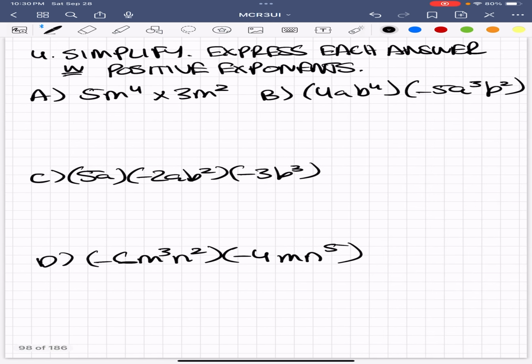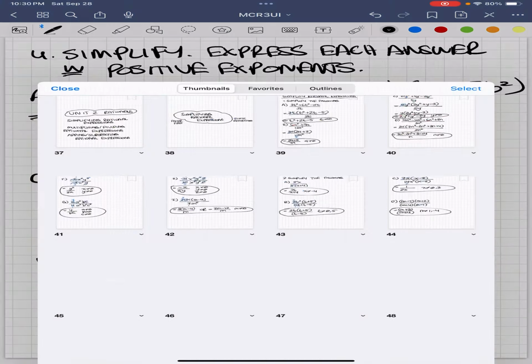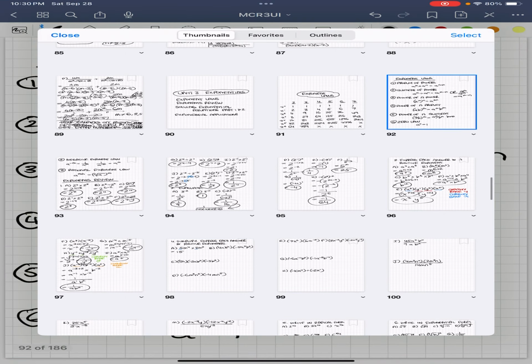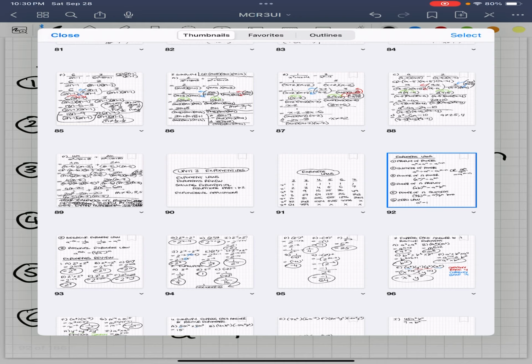Moving on. Simplify, express each answer with a positive exponent. So we have coefficients here, so 5 and 3 multiply together to be 15. It is multiplication, so we're going to use exponent law number 1, which is product of powers.